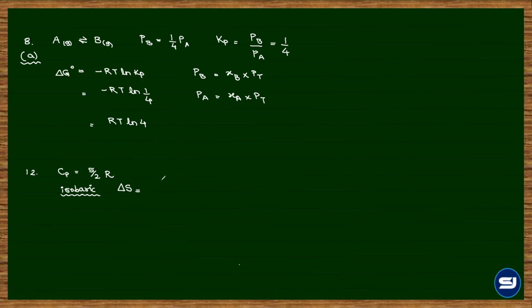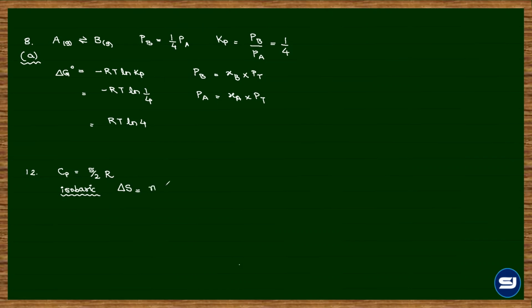Isobaric is n Cp ln of T2 by T1. Isochoric, n Cv ln T2 by T1. Isothermal is W max divided by T, that is nR ln V2 by V1. And adiabatic, the entropy change is 0. That's all four cases done.